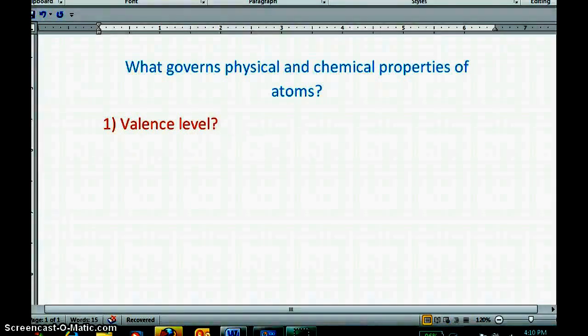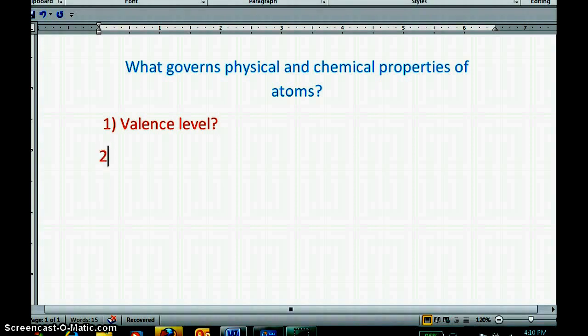If an atom has a valence level of 7 compared to another atom that has a valence level of 1, the valence electrons, which in a sense govern the atom's behavior, are much farther from the nucleus in the 7th level than the 1st. And so there's going to be far less nuclear governance, control of those electrons.